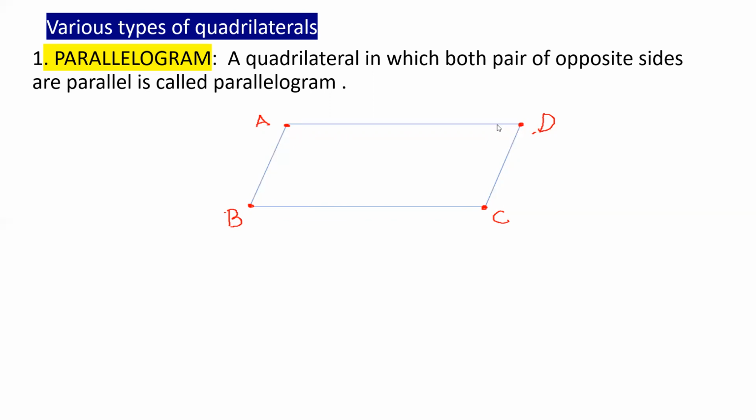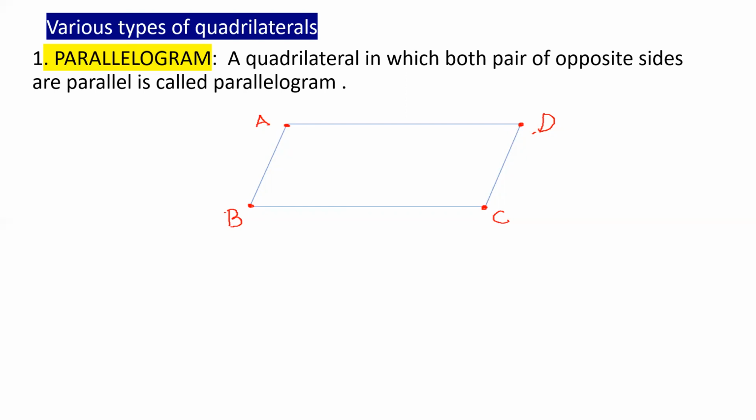So consecutive angles of a parallelogram are supplementary, and diagonals of a parallelogram bisect each other, meaning AC and BD bisect each other, dividing into equal parts.